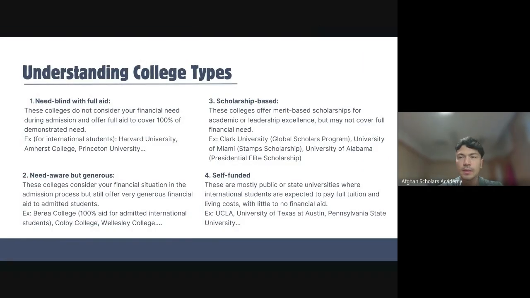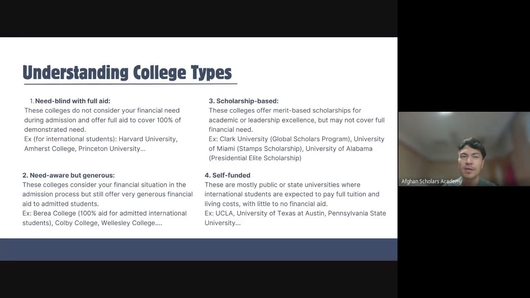So, the college types. I am sure some of you may not be familiar with this, while some of you are. It's very important to understand what kind of scholarships or financial aid are being offered by colleges. The first one is need blind with full aid.